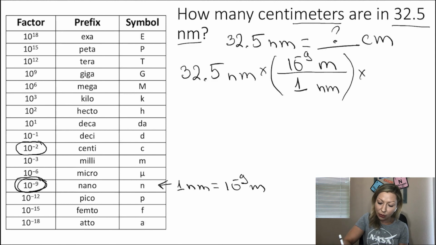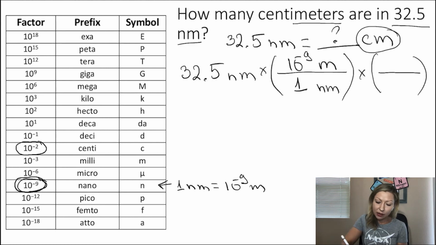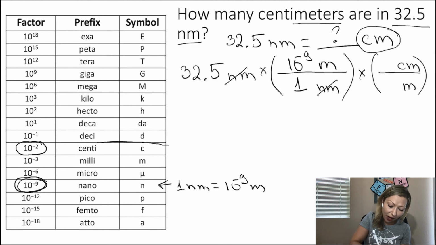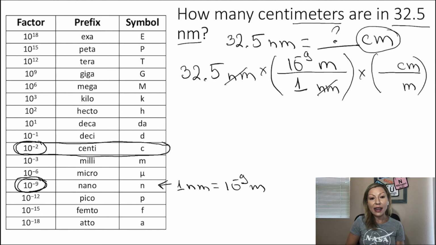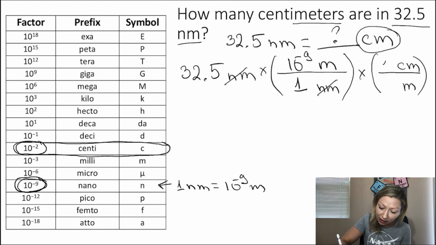Okay, so now I arrive at meters because those are my base units, but I have to get to centimeters. So nanometers canceled out. Now I have to cancel out the meters, and the meters are going to go on the bottom and centimeters on the top. And I can again write out the conversion factors using my table. So I know that 1 centimeter is 10 to the negative 2nd meter.